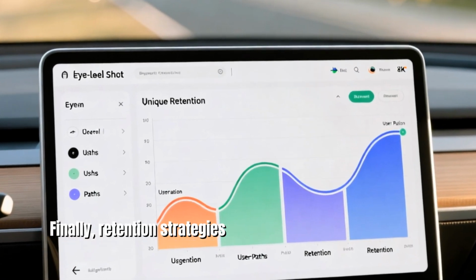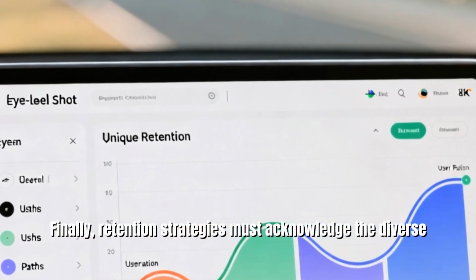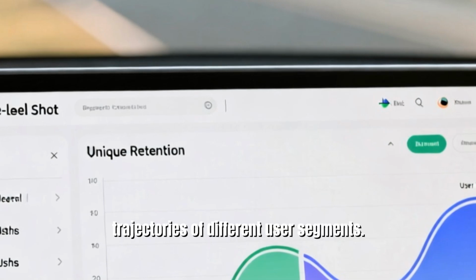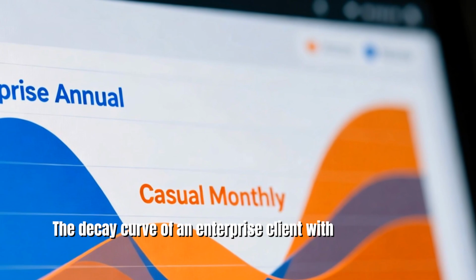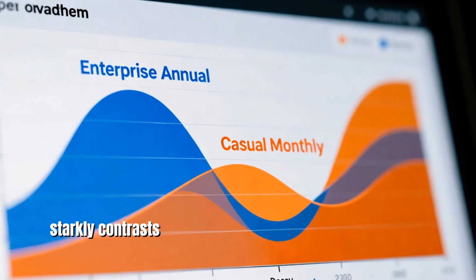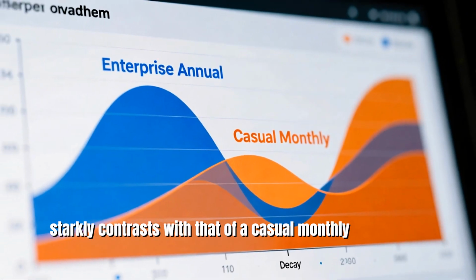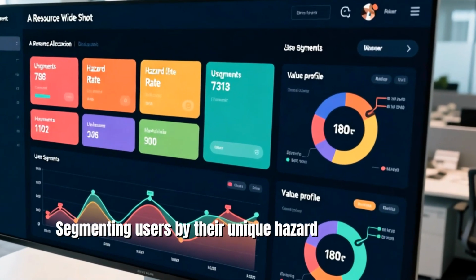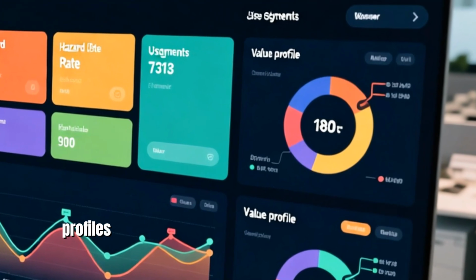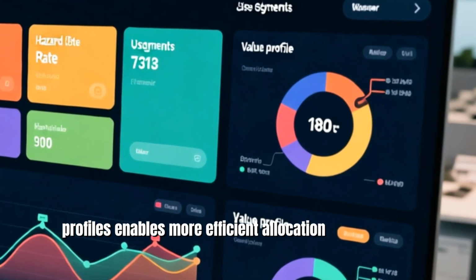Finally, retention strategies must acknowledge the diverse trajectories of different user segments. The decay curve of an enterprise client with annual billing starkly contrasts with that of a casual monthly subscriber. Segmenting users by their unique hazard rates and value profiles enables more efficient allocation of resources.